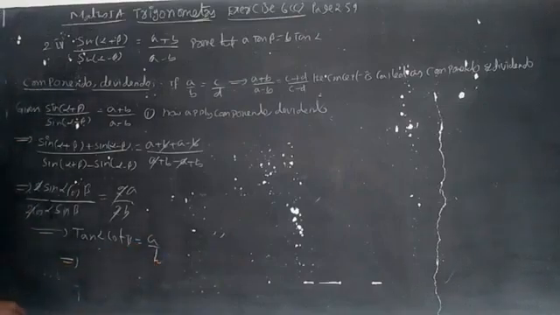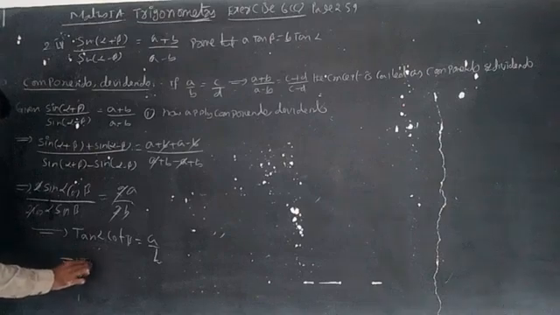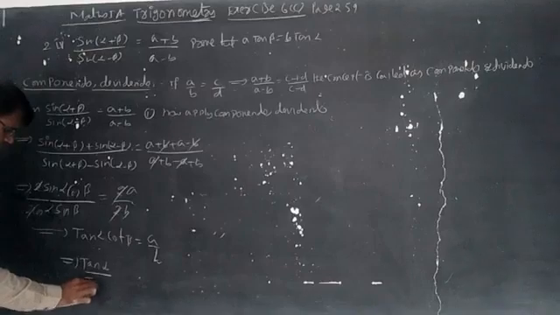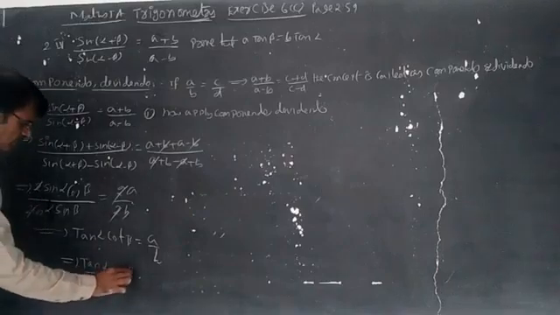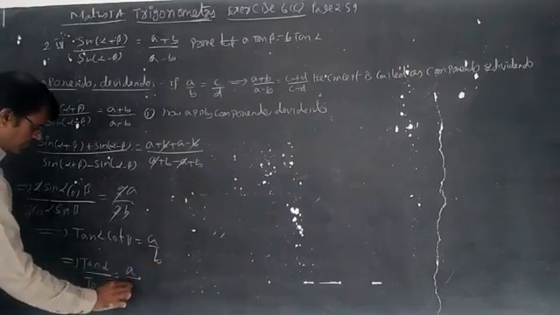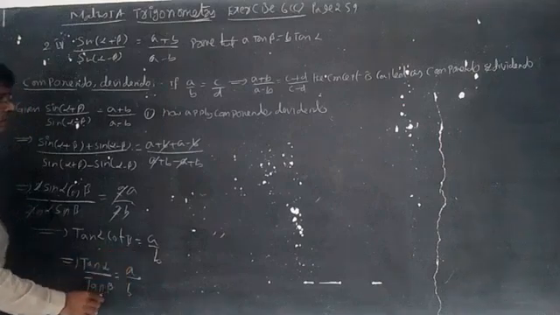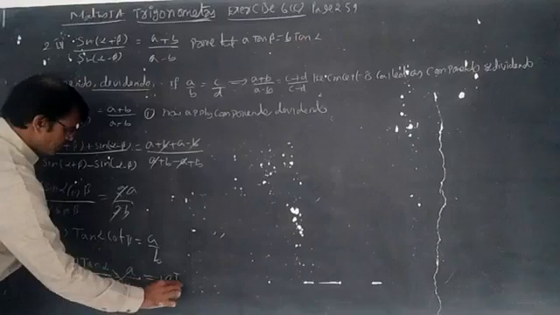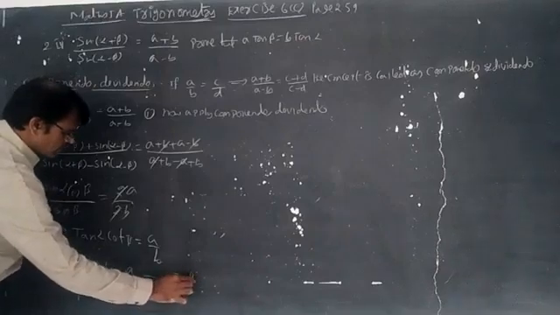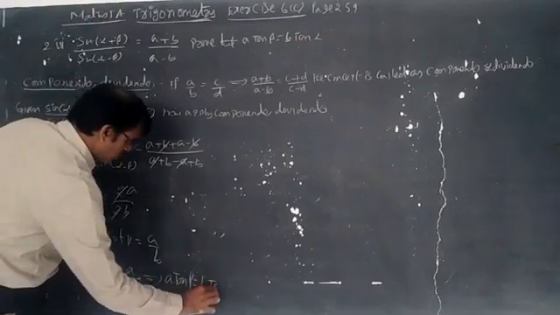That implies now we can write tan alpha by tan beta, because cot beta gives the value 1 by tan beta. Tan alpha by tan beta is equal to a by b. Taking cross multiplication, we get a tan beta is equal to b tan alpha.